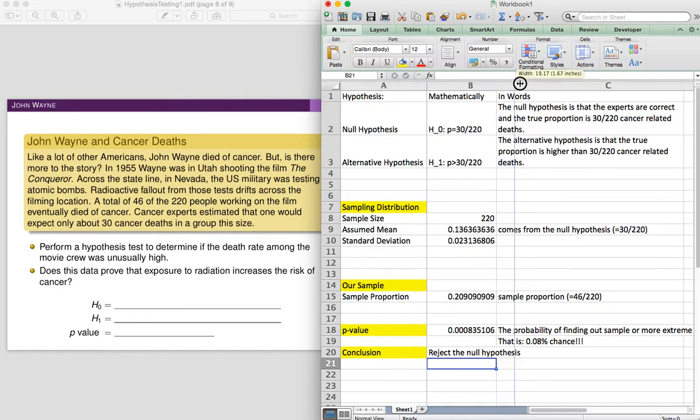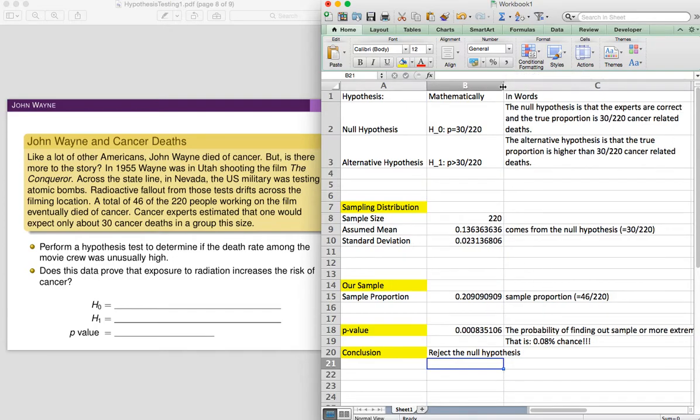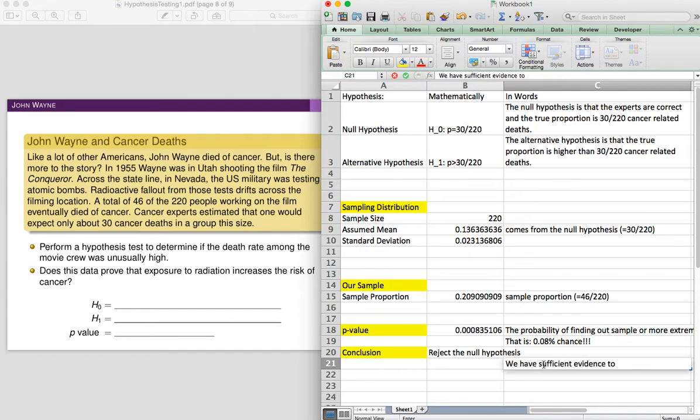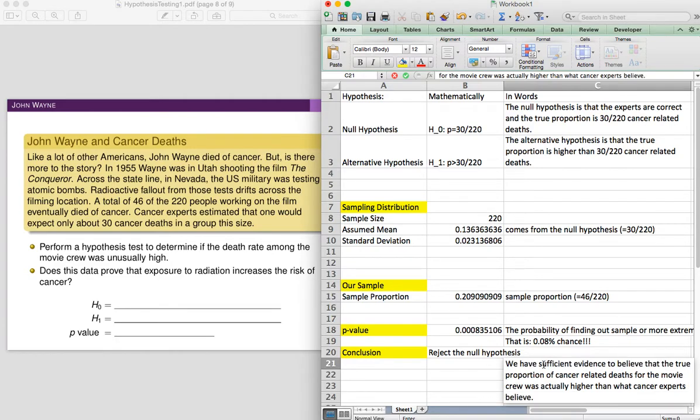And what this tells us in words is that we have sufficient evidence to believe that the true proportion of cancer-related deaths for the movie crew was actually higher than what cancer experts believe.